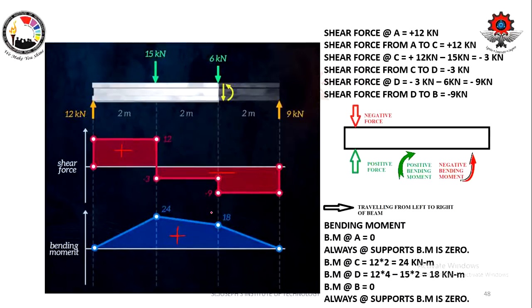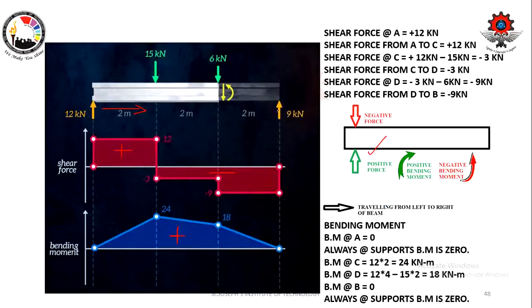Okay, so this is how the shear force and bending moment diagram should be drawn, and this is the procedure we are supposed to go with, right? If you start from the left hand side and end up at the right hand side, you are supposed to follow this.